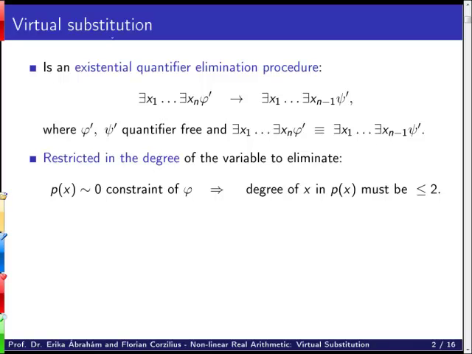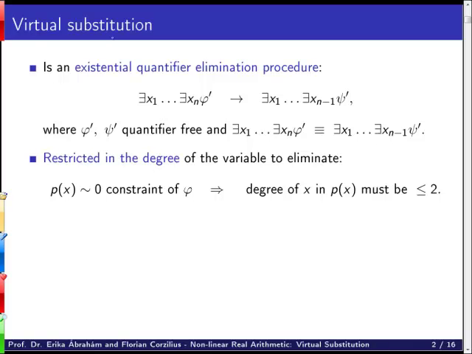And well, the thing about virtual substitution is that it is, roughly, restricted to degree 2. So it cannot solve formulas which have constraints of degree higher than 2 in general. It's difficult to make an exact bound, but even if you have, let's say, 2 constraints of degree 2, then it's possible that you can't solve this formula.